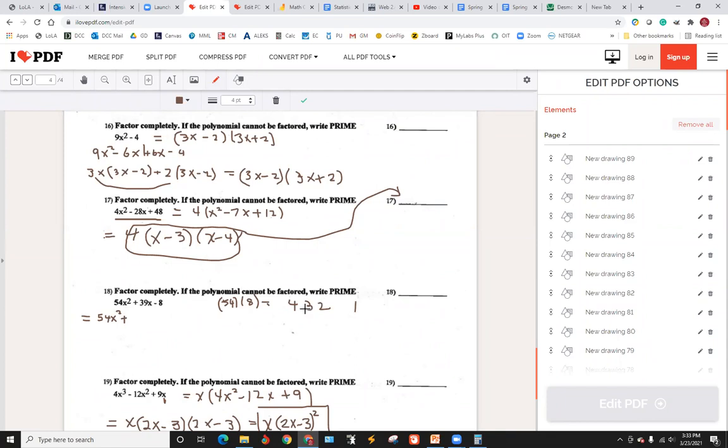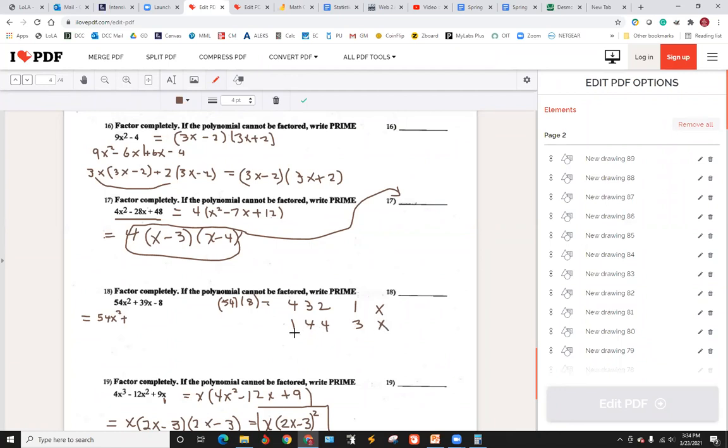So 432 and 1 is obviously not it. Let's see, 7, 8, 9. This is divisible by 3. So 144. All right, but that's still not a difference of 39. So we don't want that.